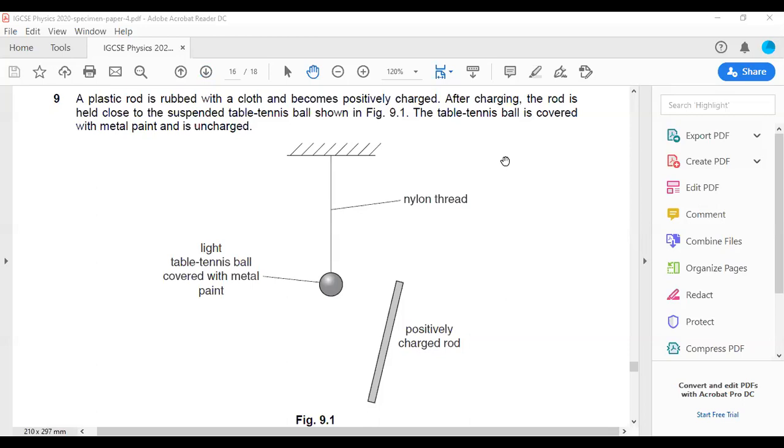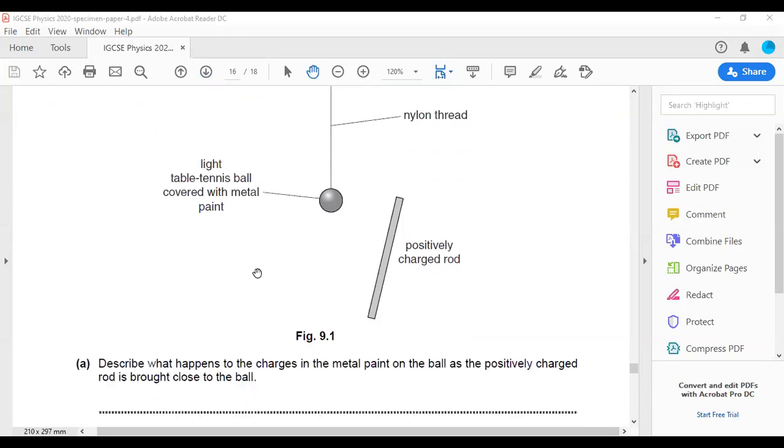Last week we stopped off on question 9 of paper 41. The question says: a plastic rod is rubbed with a cloth and becomes positively charged. After charging, the rod is held close to the suspended table tennis ball. The ball is covered with metal paint and is uncharged.